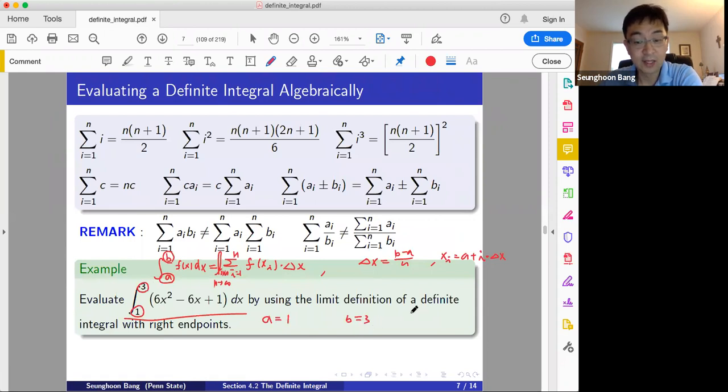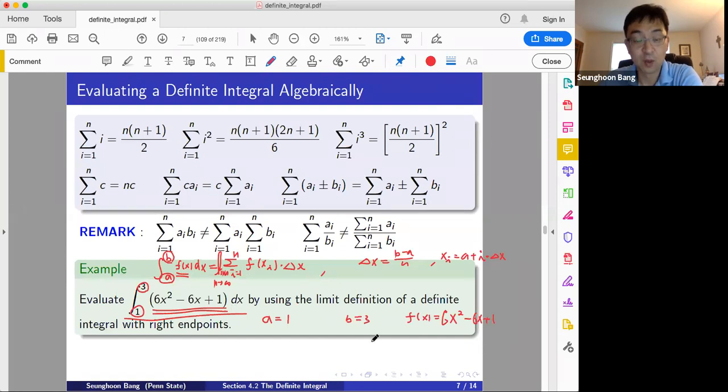So what is f of x? Do you know f of x? f of x is here, the integrand, the whole thing: 6x squared minus 6x plus 1. This is f of x.